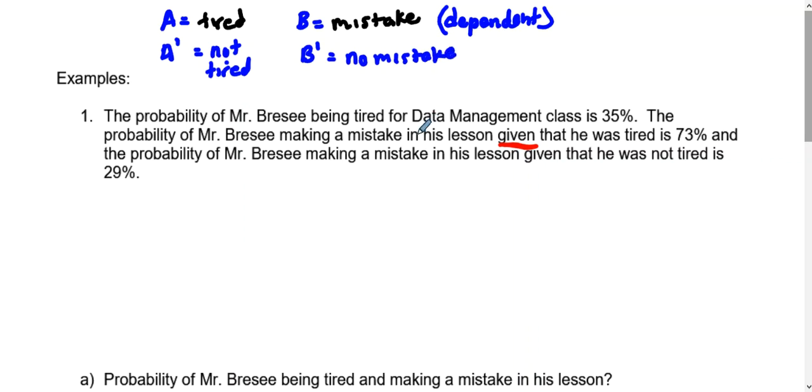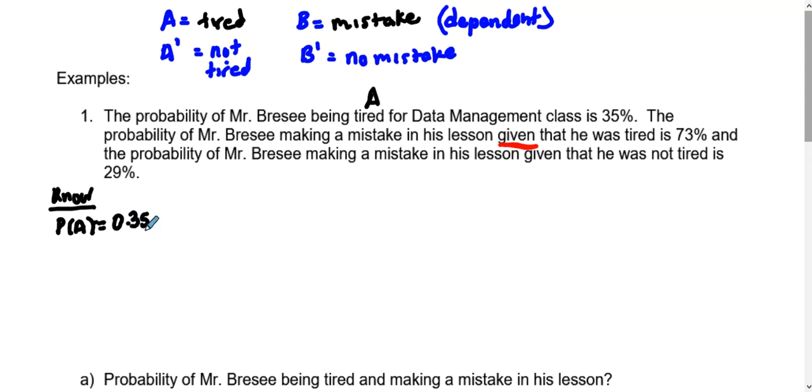All right, so when I'm looking at my probabilities, I want you to show this work 100% of the time. Write down what you know. The probability of being tired for class, so that's A, is 35%. So we know that the probability of A is 0.35.